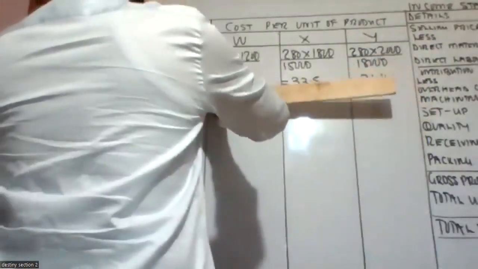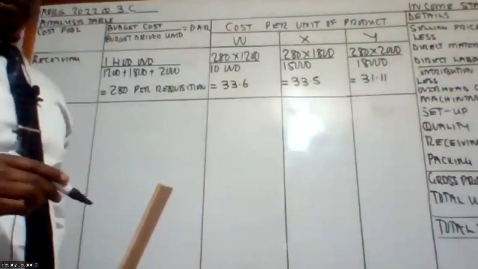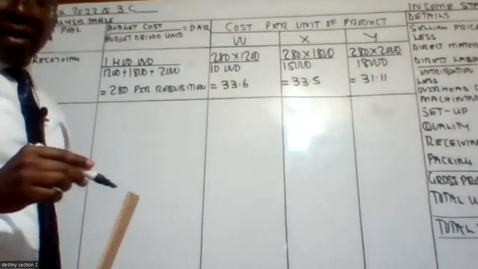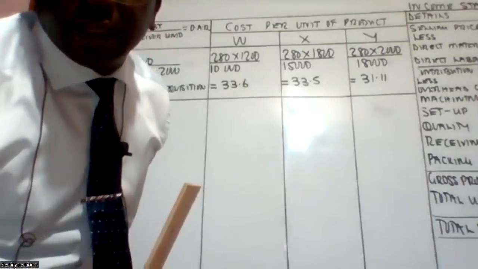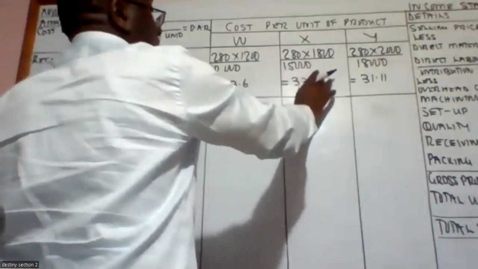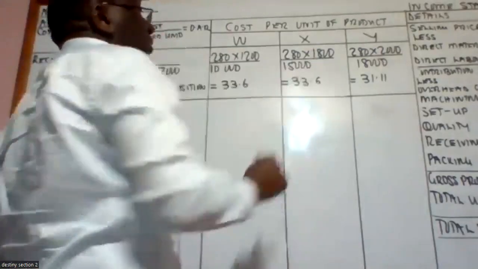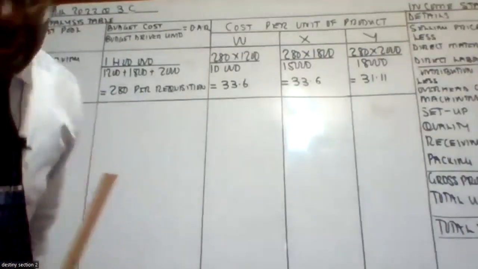Okay. Oh, I'm told it is that 3.6 there. So it's still that 3.6. Let's go to the second one, which is production scheduling.